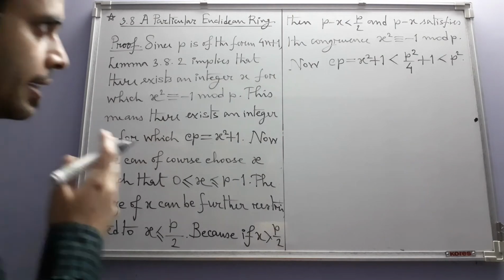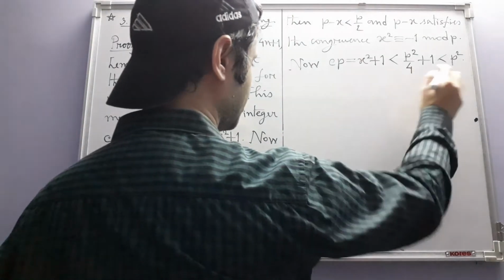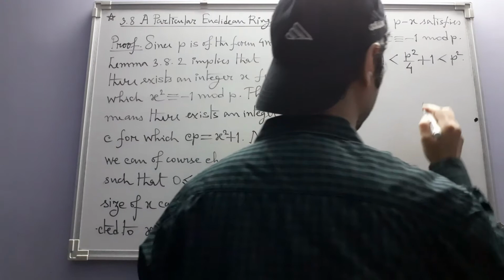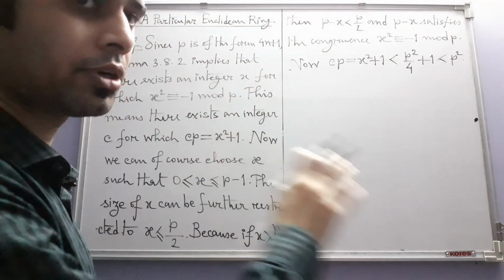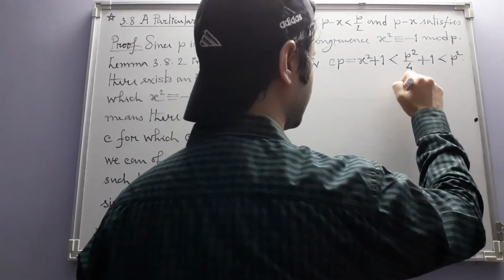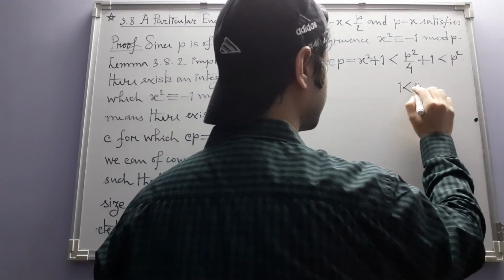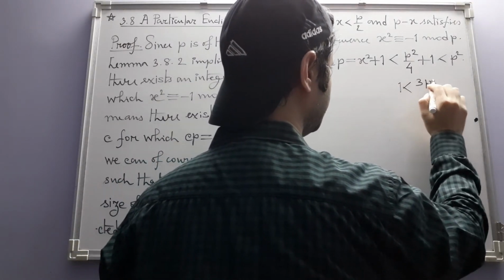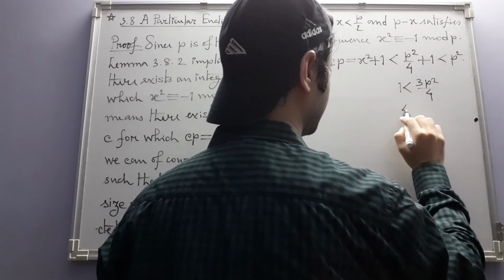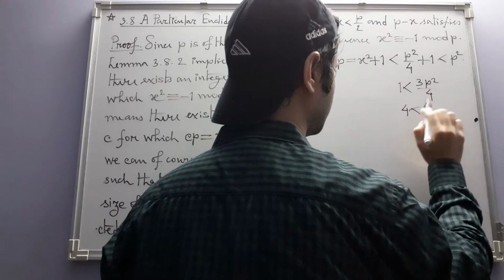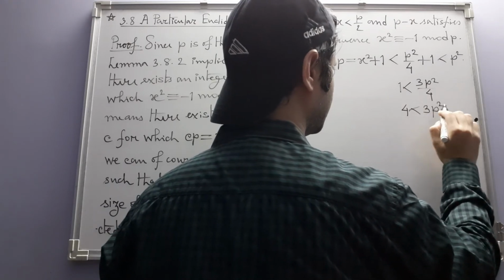Why? Let us see why. What about this last inequality? If we subtract p square by 4 from both sides, we are left with 3p square by 4, right? And if we manipulate a little bit more, then we get this.